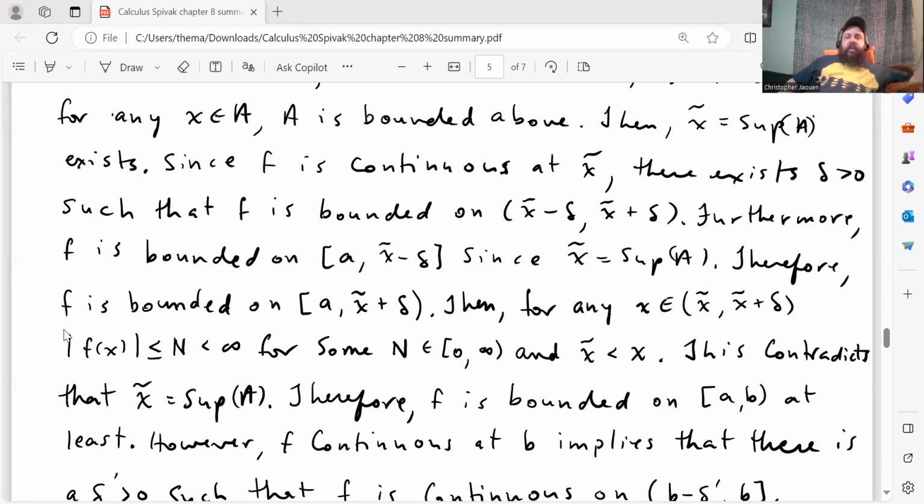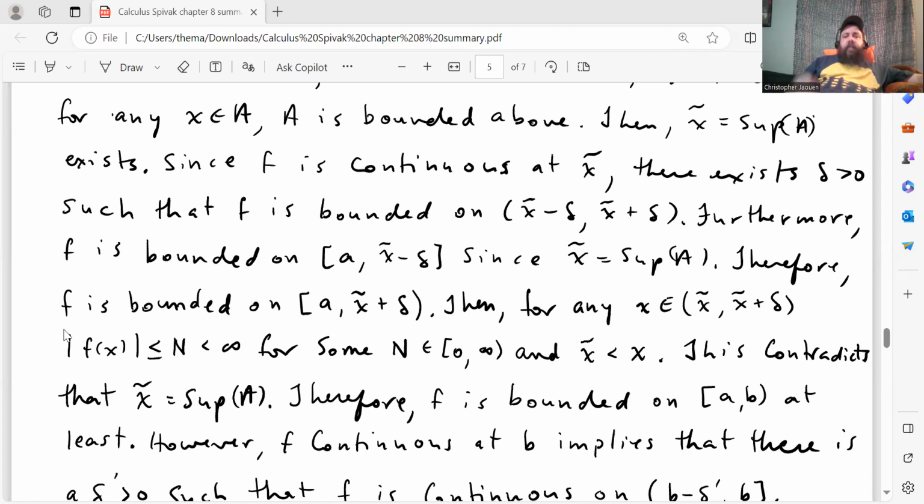Furthermore, f is bounded on the closed interval from a to x tilde minus delta. Since x tilde is sup A, therefore f is bounded on the entire interval from a to x tilde plus delta. So we get a wider interval here by the fact that the set above has a least upper bound.